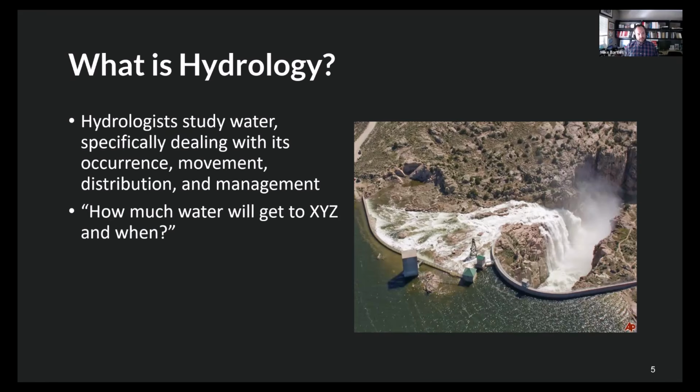What is it going to do once it hits the ground in a large sense? How much is going to get to reservoir X? Am I going to have to deal with it now? Am I going to have to deal with it 3 weeks from now? How much is going to go into the ground? That type of thing. Much more broad strokes as well.